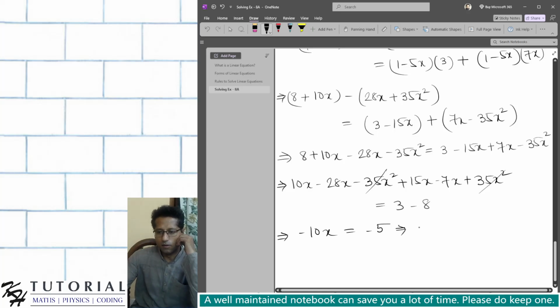Hence x becomes equal to minus 5 divided by minus 10. This is equal to half.